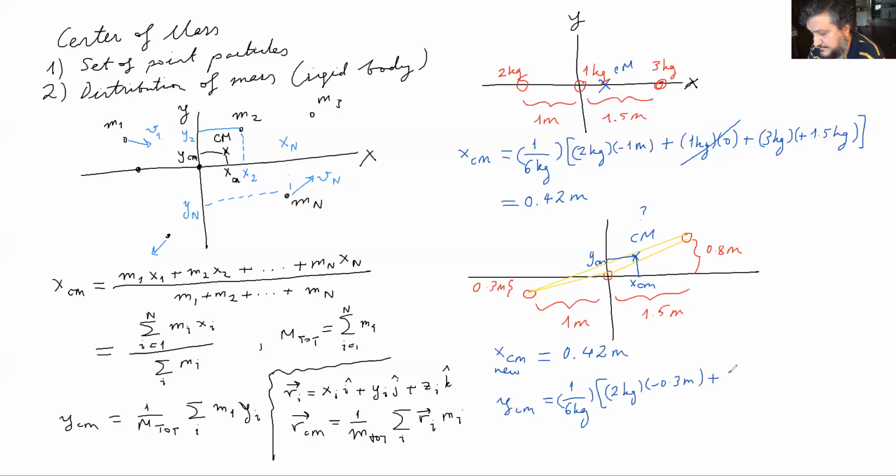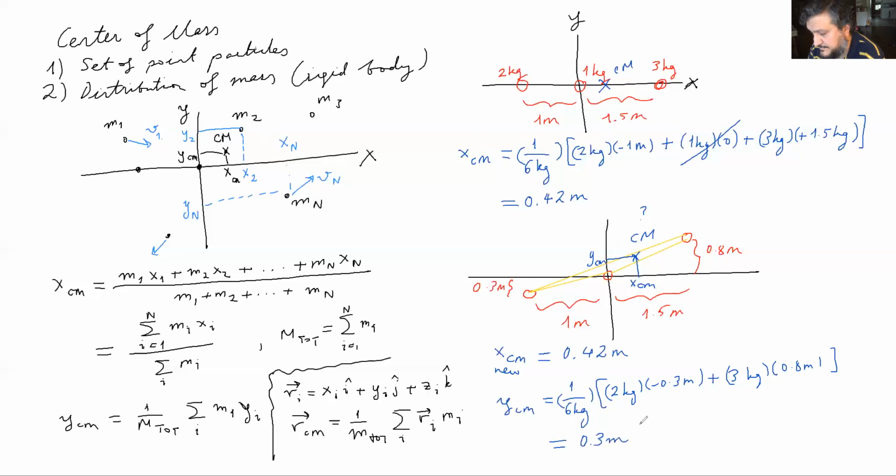And then 3 kilograms times 0.8 meters. So -0.6 plus 2.4, divided by 6, is 0.3 meters. That is the y coordinate of the center of mass.